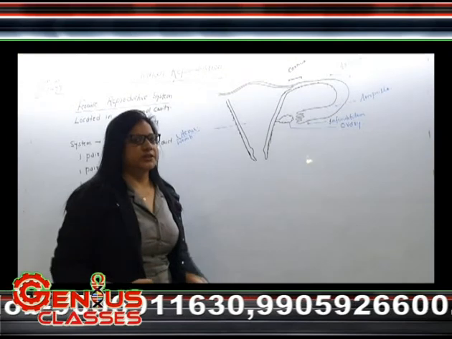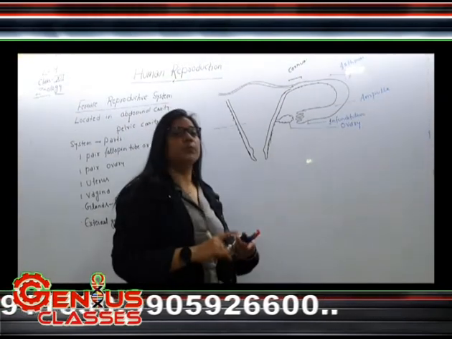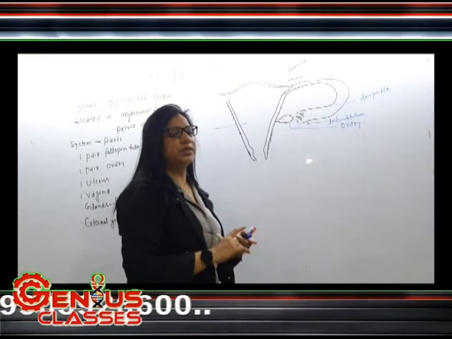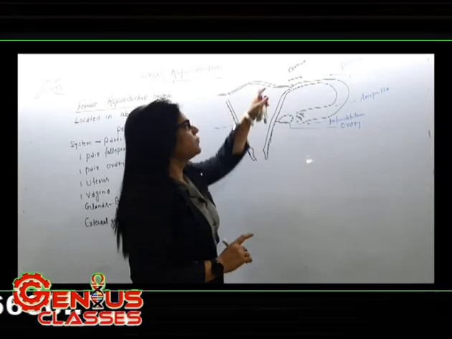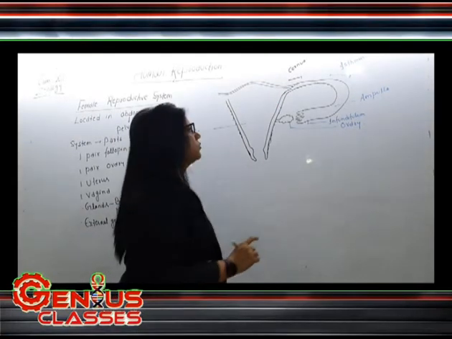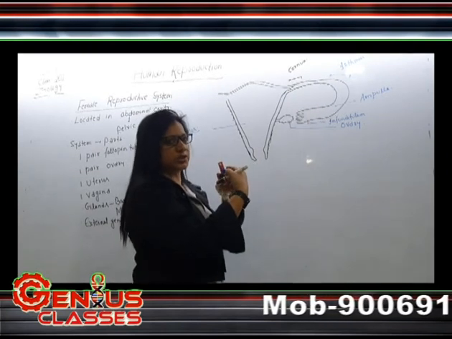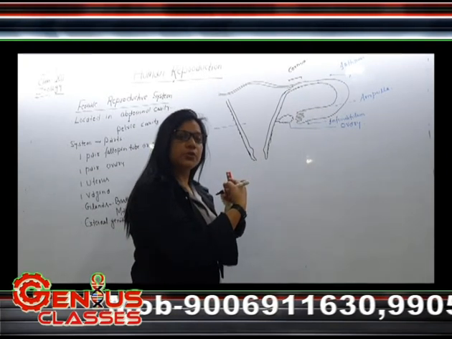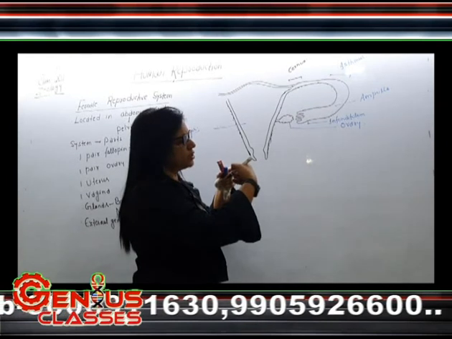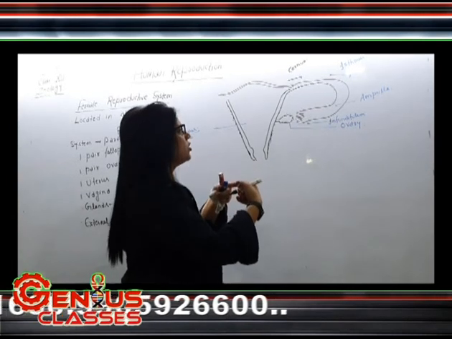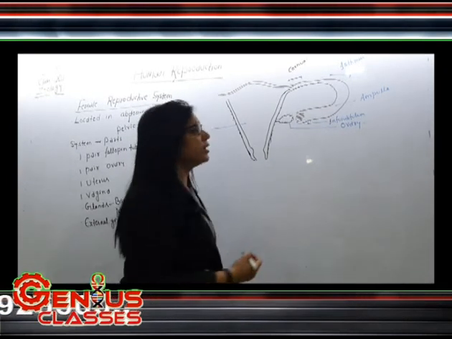Cornua is the junction where this fallopian tube meets with the uterus. The part of the fallopian tube entering into the uterine cavity is called the intramural part.